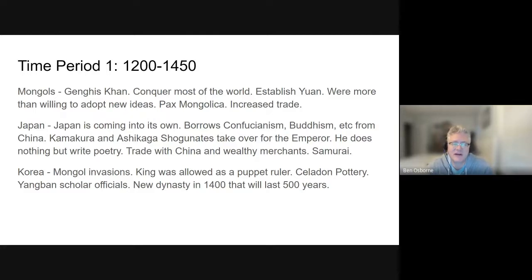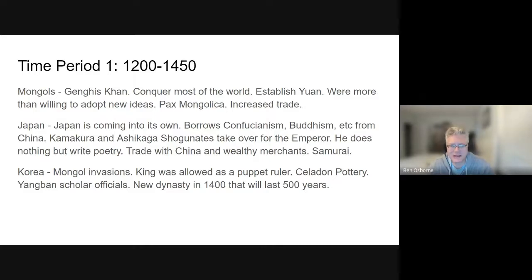For Confucianism, it's not going to be quite as strong as it is in China. They're also going to have these new shogunates that will take over for the emperors, the Kamakura and Ashikaga shogunates. This is that system whereby you have a military leader who runs everything for the emperor. The emperor basically does nothing but write poetry all day. So around this time period, they will do a lot of trade with China. They have some wealthy merchants. This is the beginning of the samurai class.